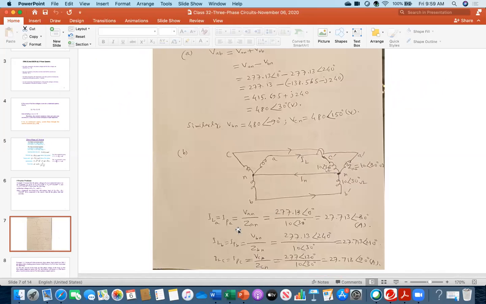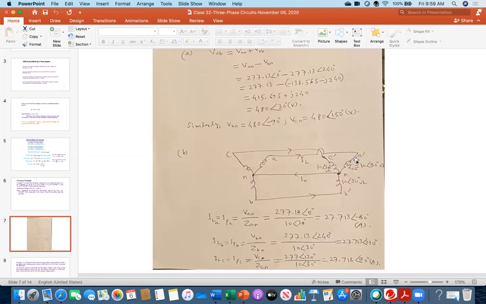That's why I have written ILA is equal to IPA, meaning the line current for phase A and the phase current for A are the same thing, which is VAN over ZAN.